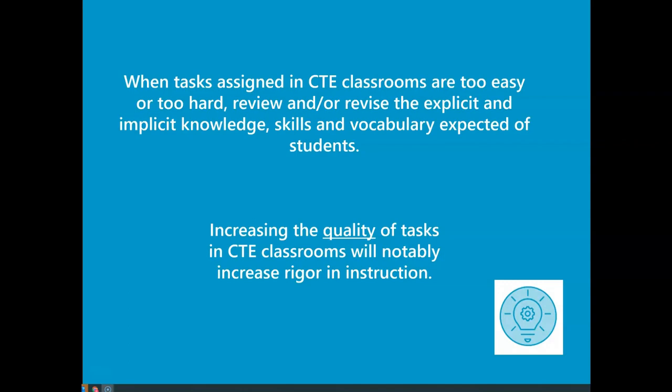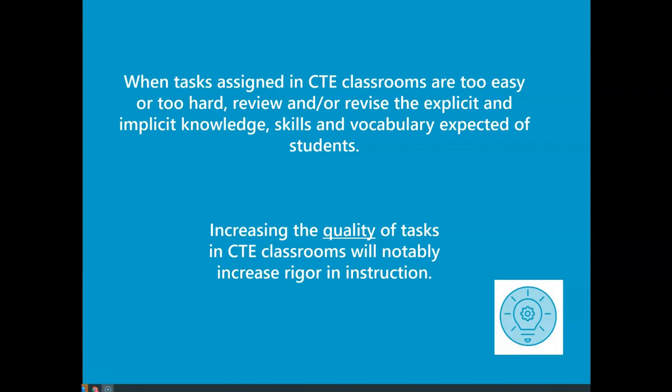So when they're too easy or too hard, that is an opportunity to review and or revise the explicit and implicit knowledge, skills, and vocabulary that's being expected of the students.